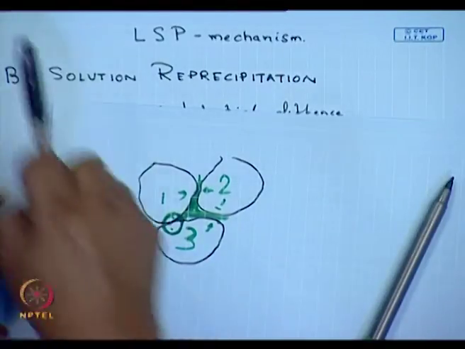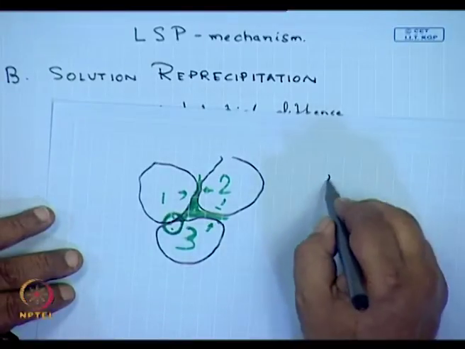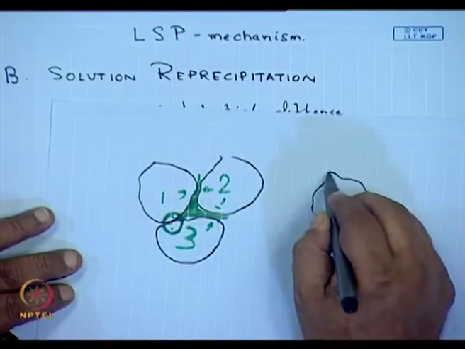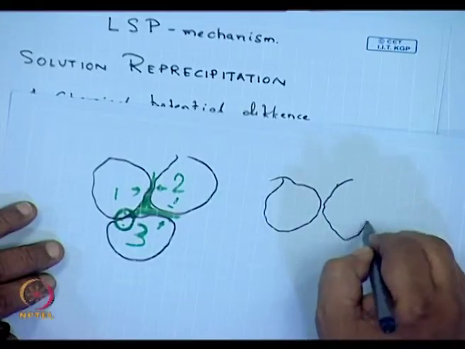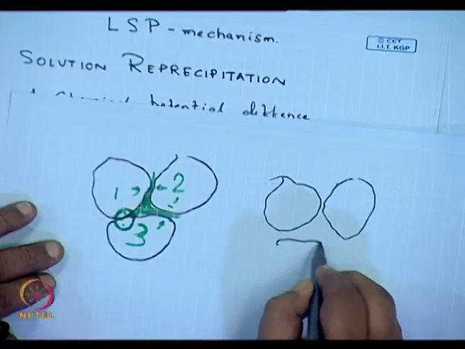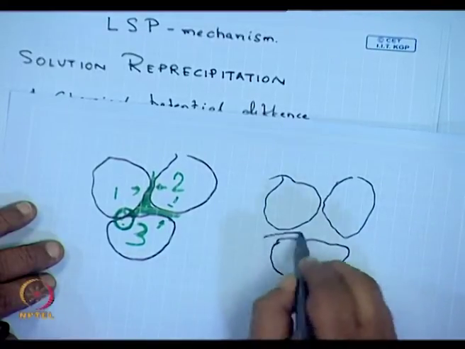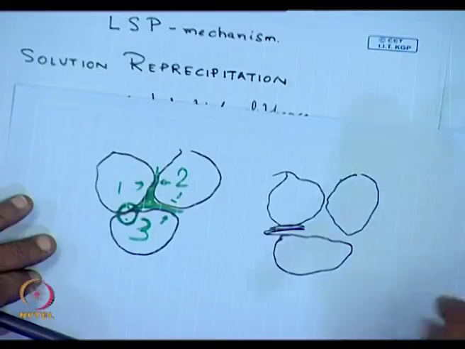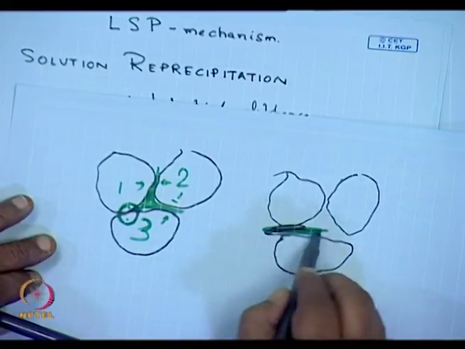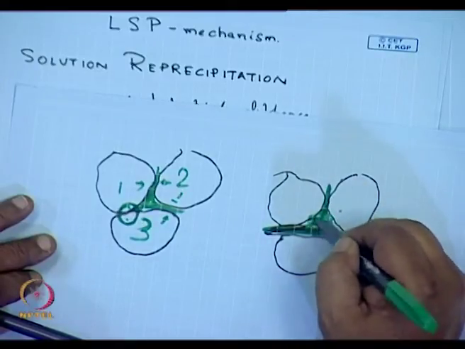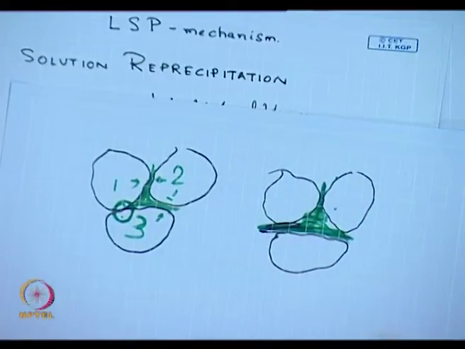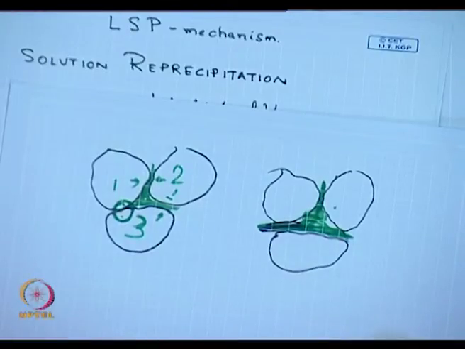It will lead to more dissolution. So dissolution will start over here. Again, I have to pardon my lack of drawing skills. So that now the liquid phase fills it, and thus reduces the difference in chemical potential.